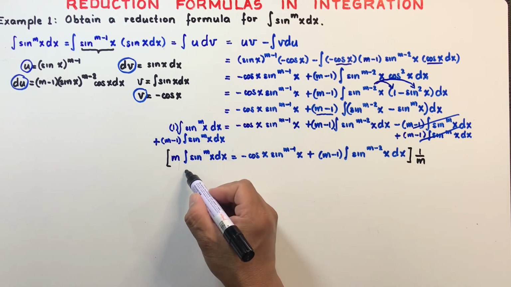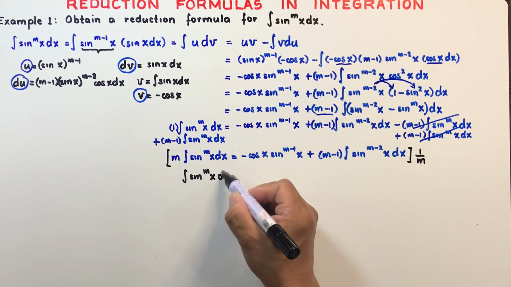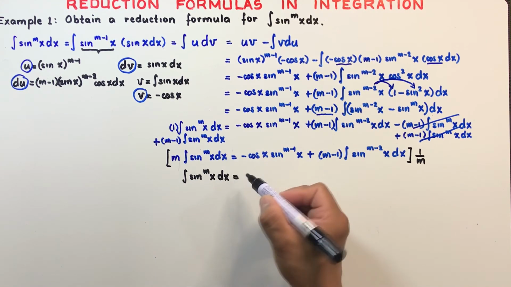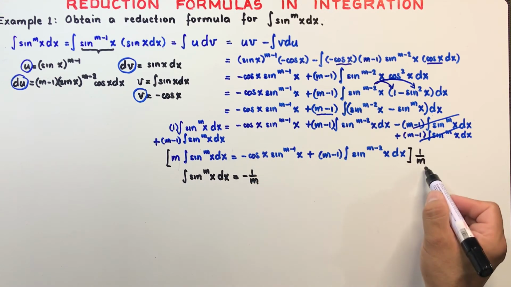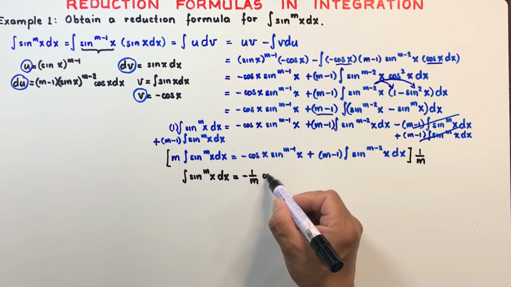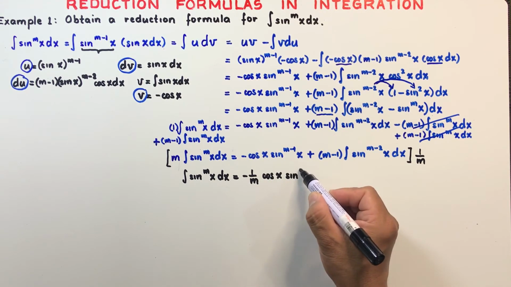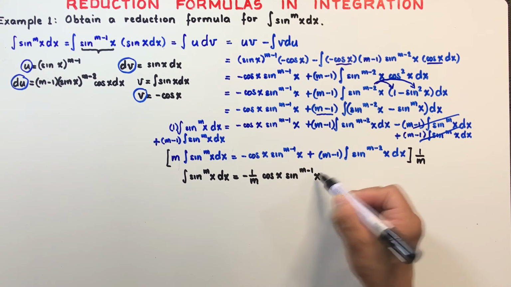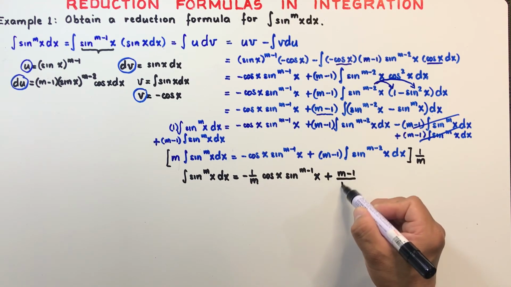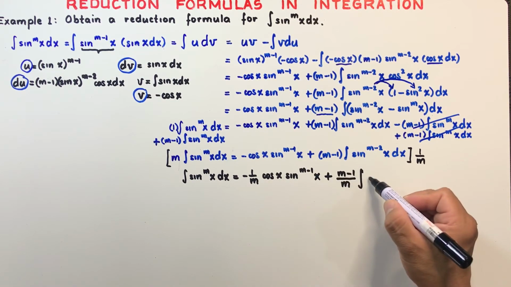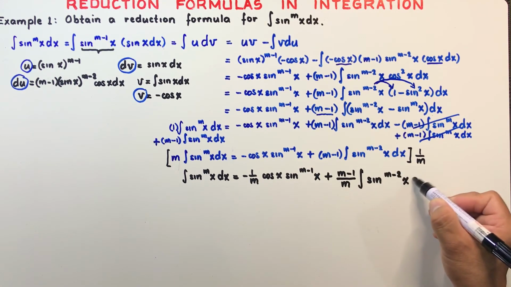So we have the integral of sine x to the power m dx, which is equal to negative 1 over m when multiplied by 1 over m here. So this is multiplied by cosine x times the sine x to the power m minus 1 plus m minus 1 over m times the integral of the sine x to the power m minus 2 dx.